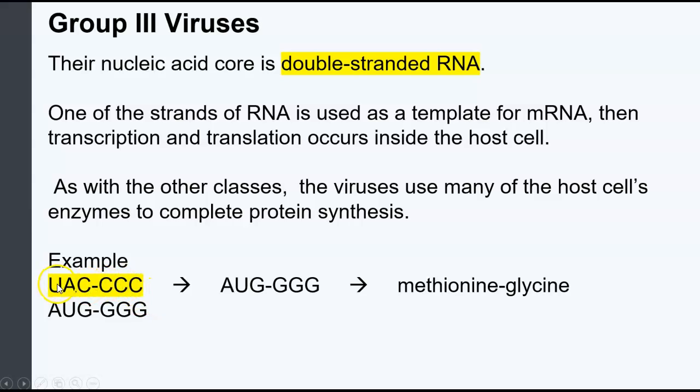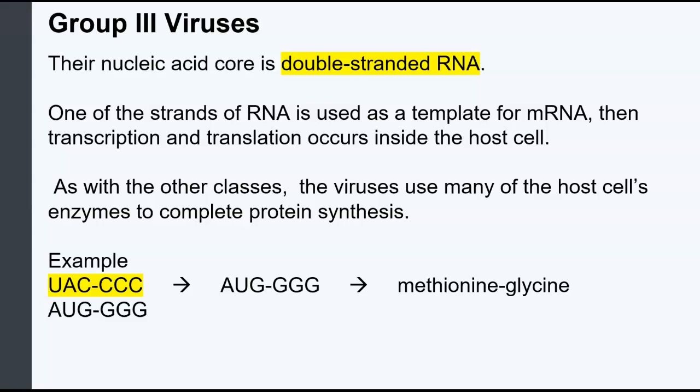The only difference is you can tell that this example in the beginning is RNA instead of DNA because it contains the nucleotide uracil, or U. So you've got a double-stranded RNA molecule that creates a messenger RNA molecule, that's transcription, and then the messenger RNA codes for the amino acids methionine and glycine.